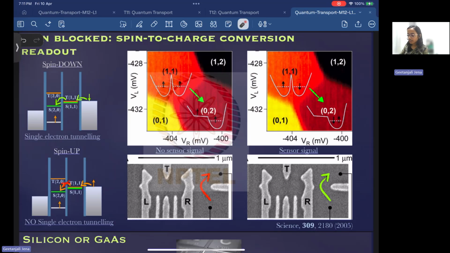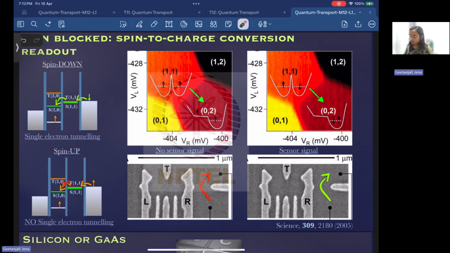That is why the transition from 1 1 to 0 2 is completely blocked if it is a triplet state. But if we have a singlet state, they have different spin in the two quantum dots, so the transition from 1 1 to 0 2 is possible because it is a singlet state.